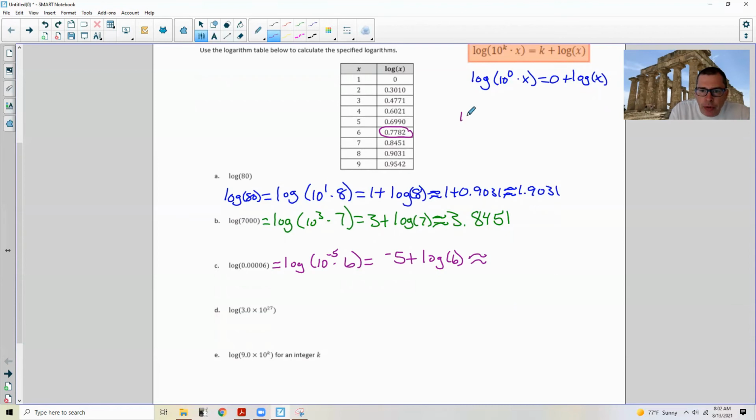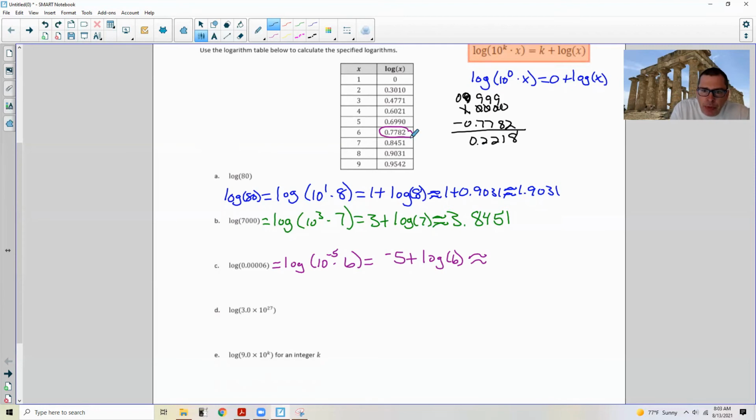Think of it this way: 1.0000 minus 0.7782 is going to give us, this will be a 9, this will be a 9, this will be a 9, 10 minus 2 is 8, and that's going to give us 0.2218.